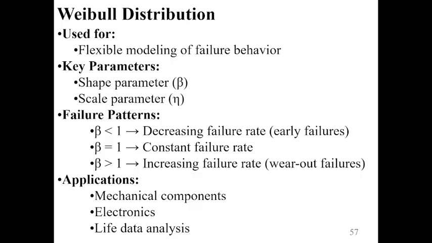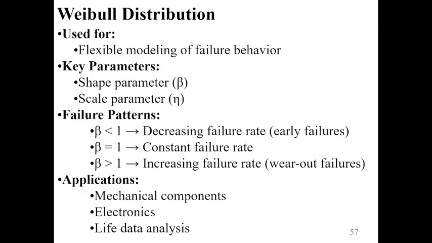The shape parameter plays a crucial role in determining the nature of the failure rate. When beta is less than 1, the failure rate decreases over time, which is typical of early life or infant mortality failure. So we should bear those things in mind when we investigate the Weibull distribution.